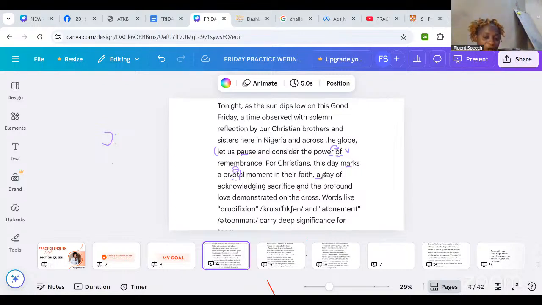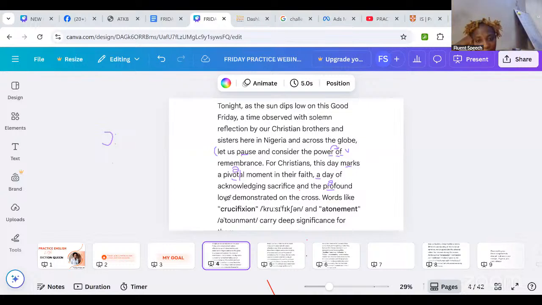Remember, the F in of sounds like a V. A day of acknowledging sacrifice and the profound, the O here makes a sure. So it's not profound, it's profound love. Please watch my mouth as I pronounce the word love. The O in that word sounds love. Don't open your mouth wide. Profound love.